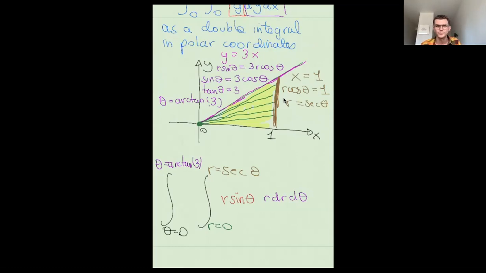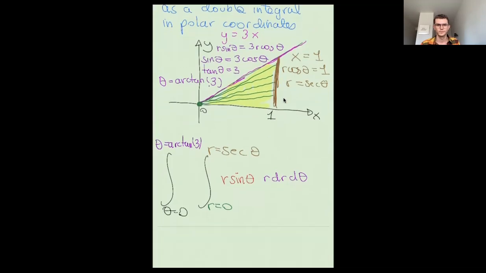Is that making sense? Good. And after that, you can integrate it if you want.